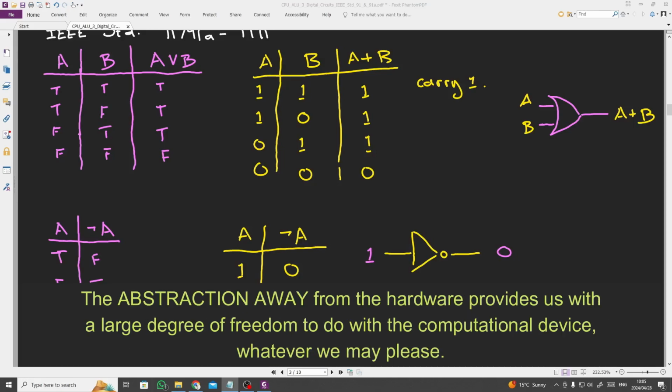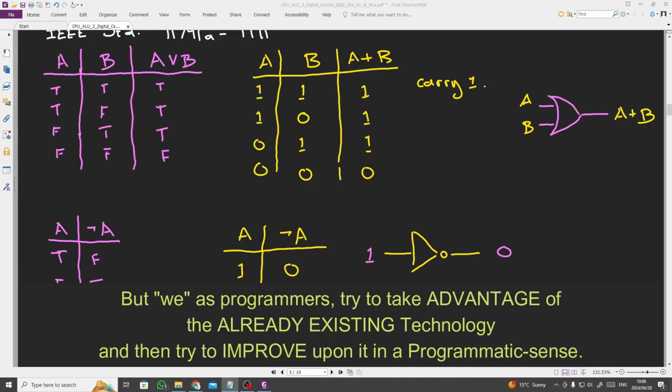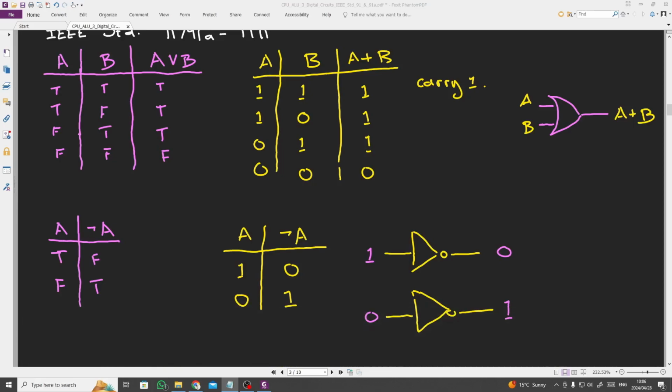It's the abstraction away from the hardware that provides us with a large degree of freedom to do with the computational device whatever we may please. Such is the brilliance of innovation of science and those who have contributed and invested ingenuity into the evolution of hardware and technology. But we as programmers try to take advantage of already existing technology and then try to improve upon it in a programmatic sense.